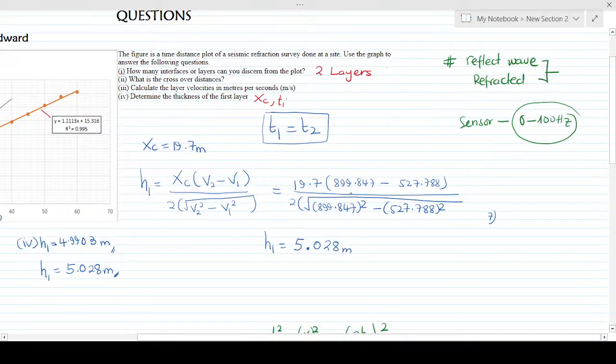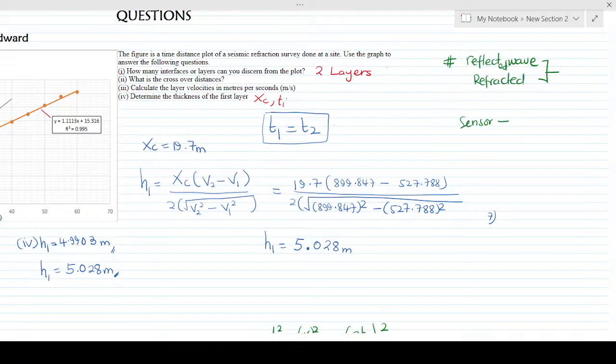So this is the question: how do we dissociate between the reflected wave and refracted wave in the field?